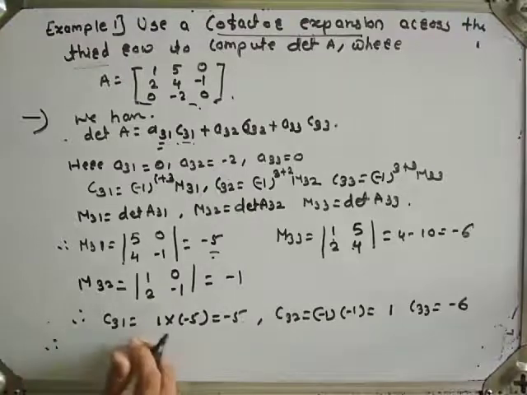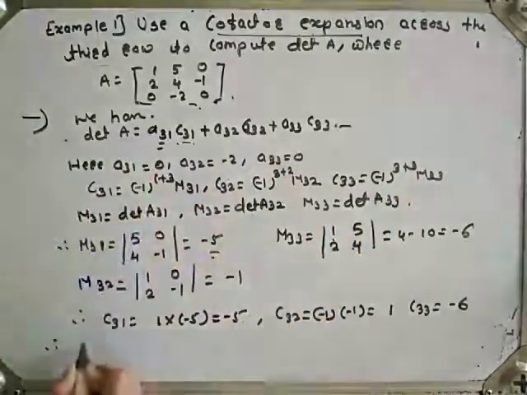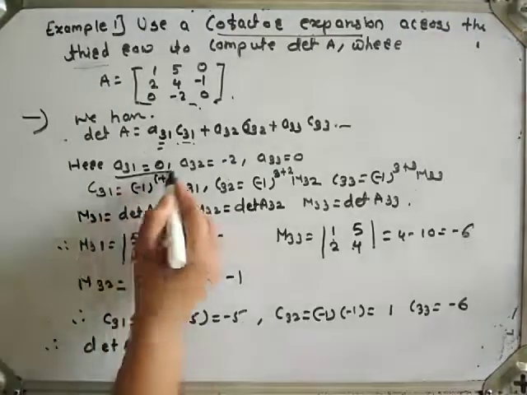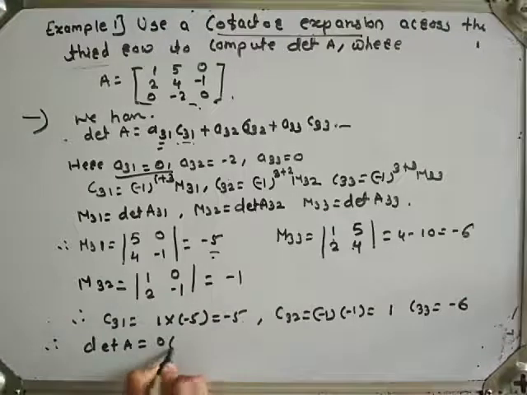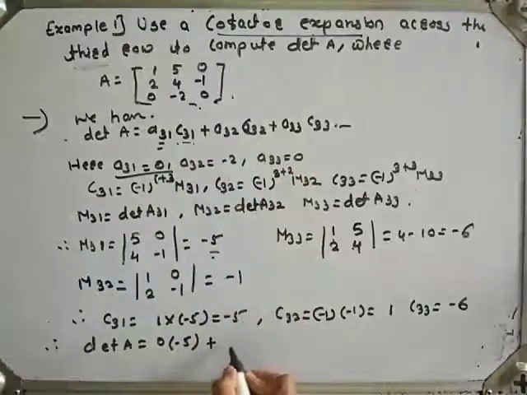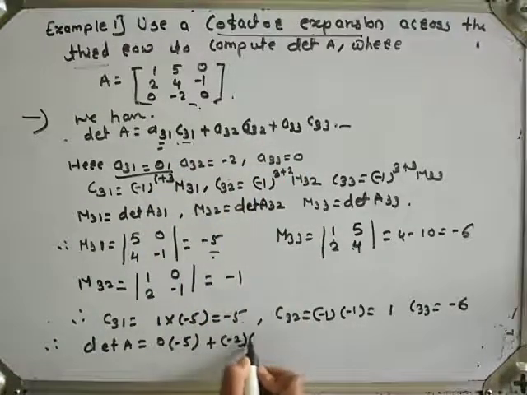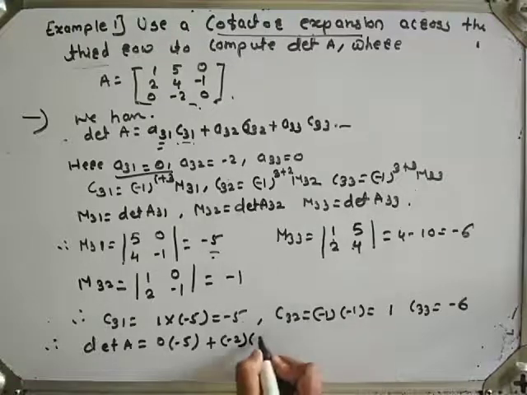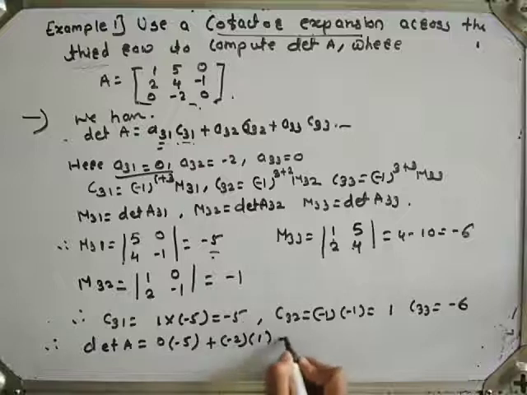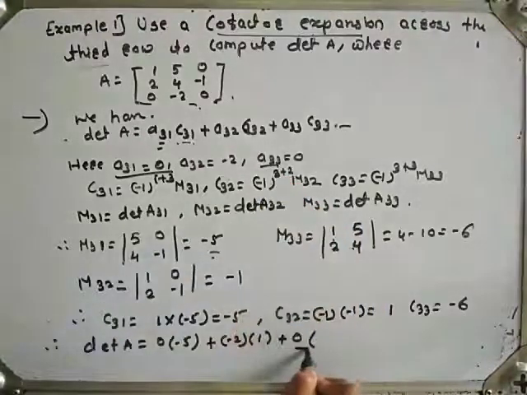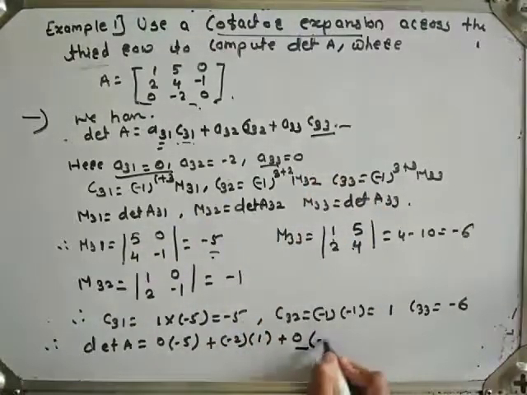Put all these values in this formula. Therefore the determinant of A is equal to A31, which is 0, into C31, which is minus 5, plus A32, which is minus 2, into C32, which is 1, plus A33, which is 0, into C33, which is minus 6.